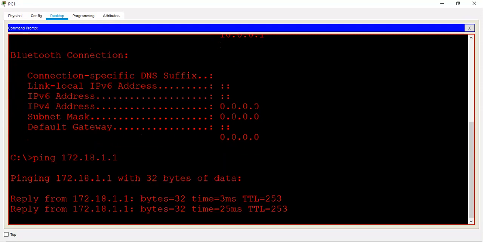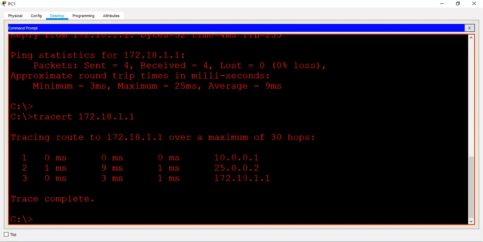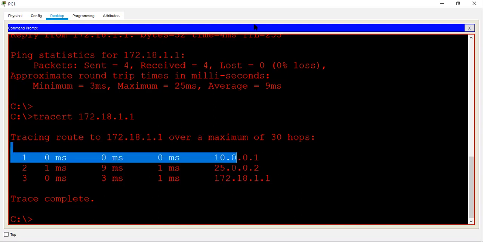Yes, we can ping to the 172 network. So we can try to see how many routers far away. It says you send to 30.0.0.1, then you send to 25.0.0.2, then you send to 172.18 directly to your destination.